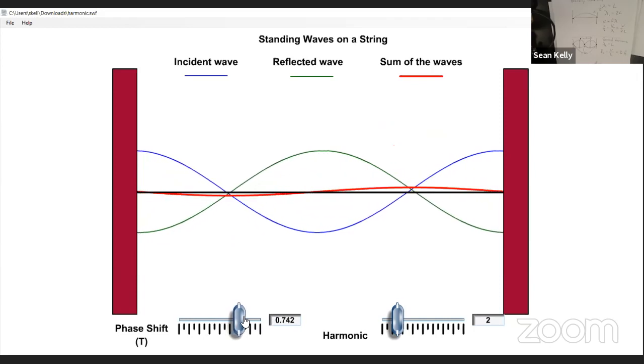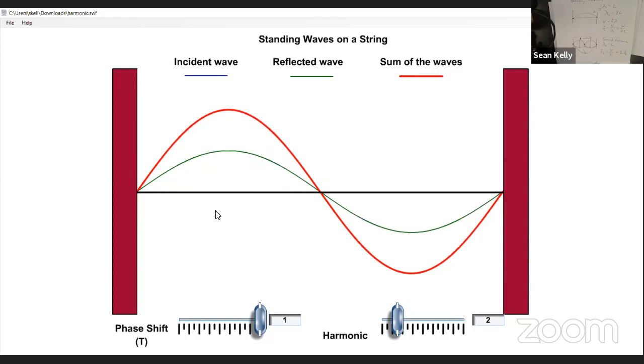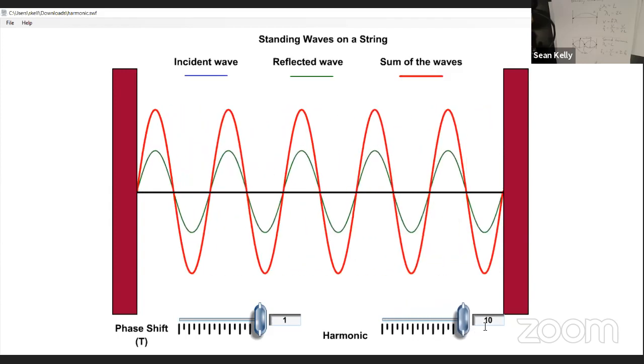But all it is, is the waves bouncing back and forth within the string, within the medium. And it's funny, when I first made this app, I had it go up to anything you wanted. And so I would put it up to 200 and my computer wouldn't even move because it was calculating all of these things. It was pretty cool.